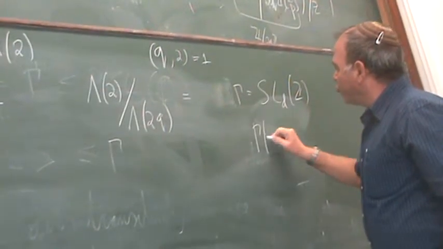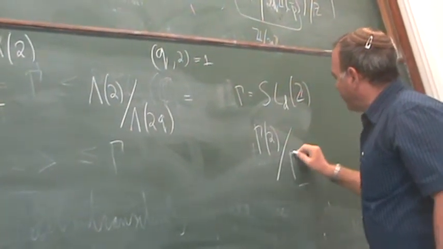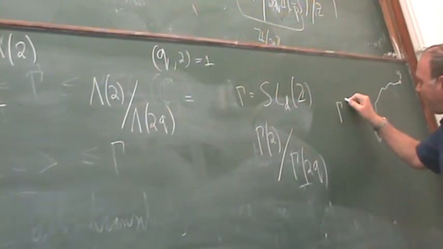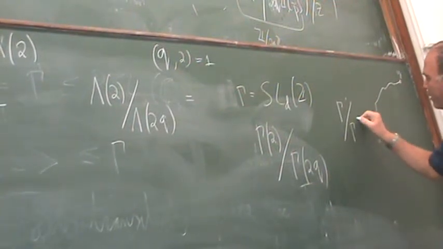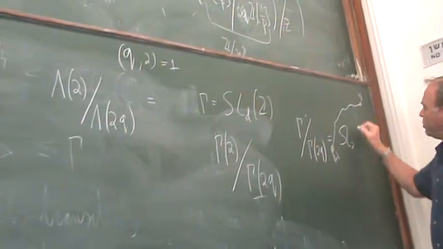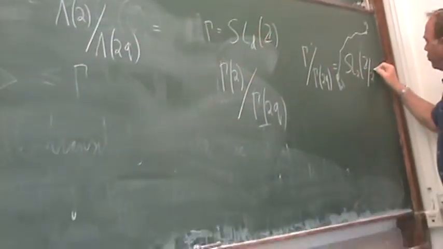And you take gamma 2, the congruent subgroup mod 2, divided by the congruent subgroup mod 2q. We know that gamma mod gamma 2q is SLD of Z mod 2q.